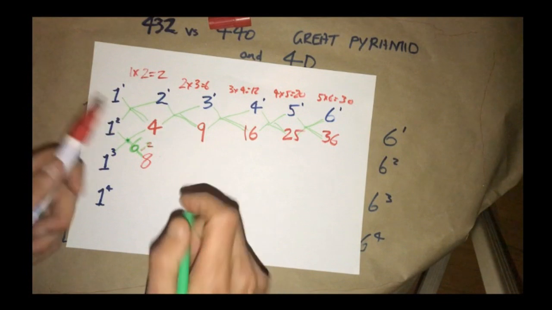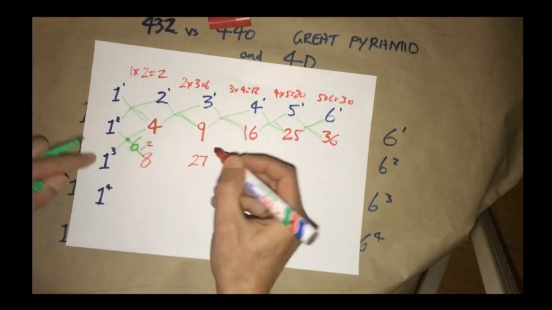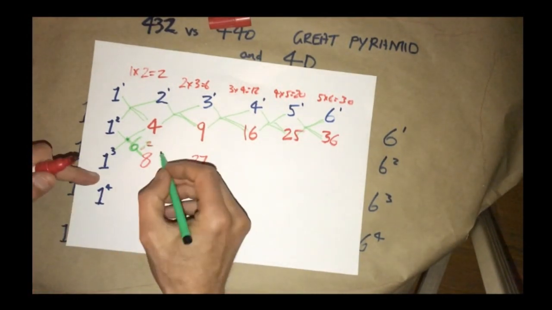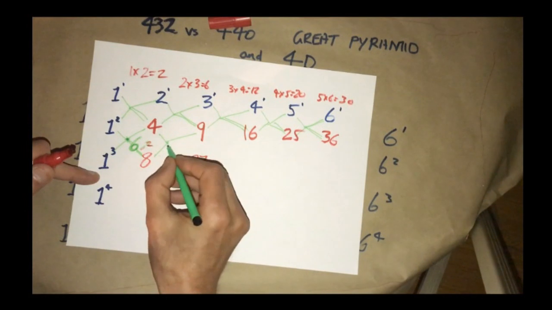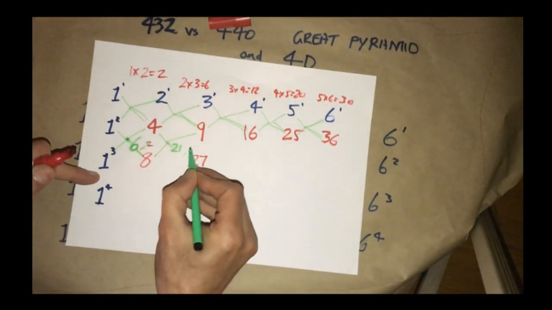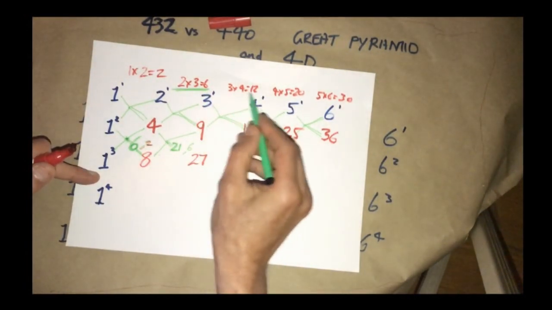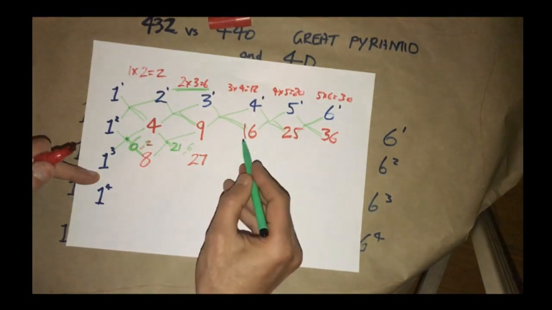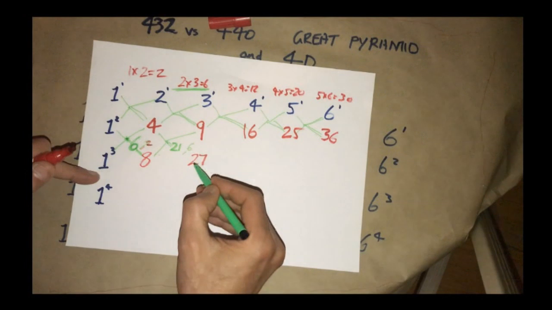3 cubed would be 27. If we add these 3 together, we get 21. A deficit of 6, and 12 would be the next gap, so 16 plus 9, 25.